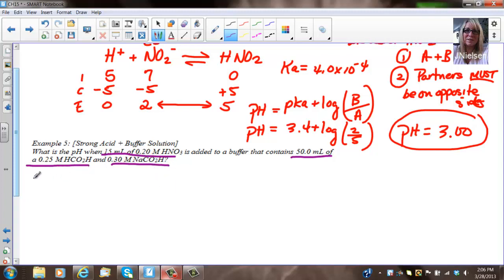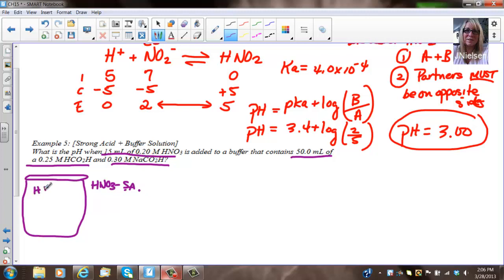The easiest way to really see what's going on here is to imagine a beaker. And this to me is the easiest way that I found to understand buffers. Unfortunately, students don't always want to do this, but I am encouraging it. So in my beaker, I have HNO3, which is a strong acid, right?